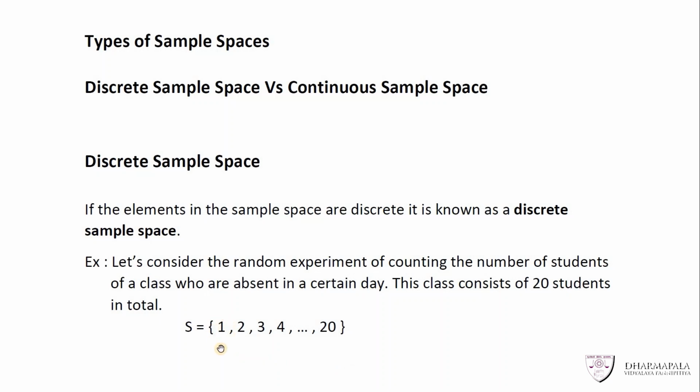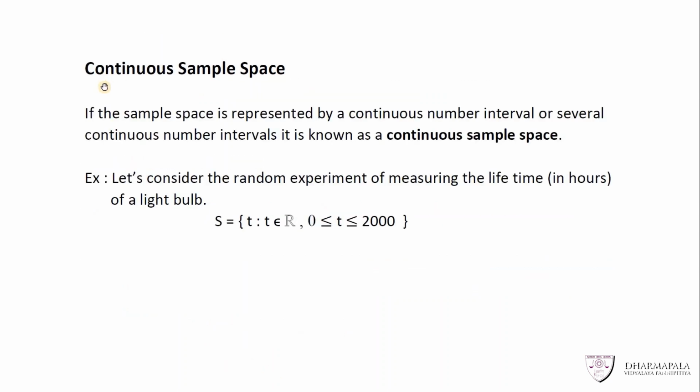There can be one student absent, two or three, likewise until 20. Normally it is very rare to have a day that all the students are absent, but it can happen. So this is the sample space. We can see the outcomes or the elements here are discrete. So these kinds of sample spaces are known as discrete sample spaces.